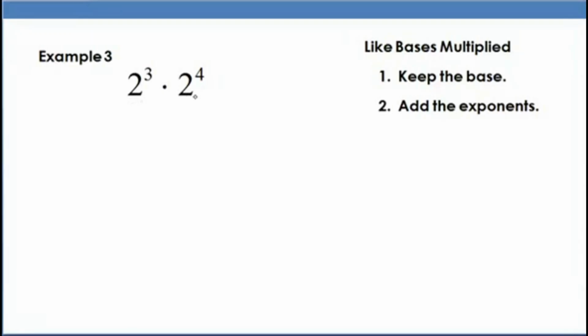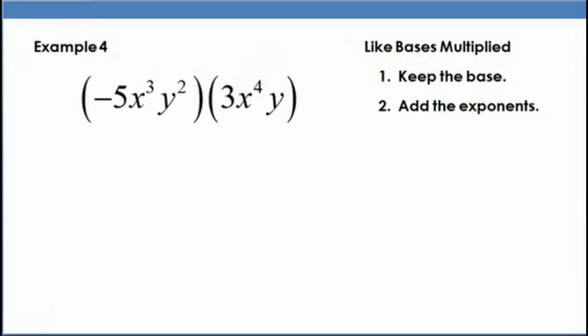We have like bases, the base is 2 for both, and it is a multiplication problem. So our rule says keep the base and add the exponents. So 3 plus 4 is 7.